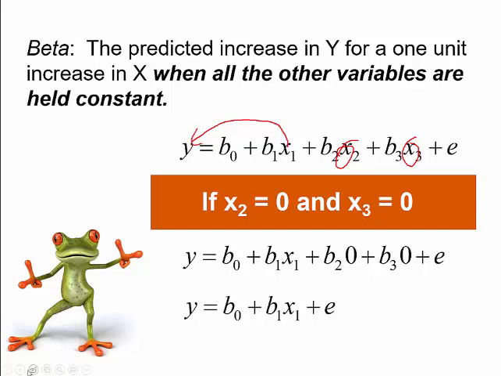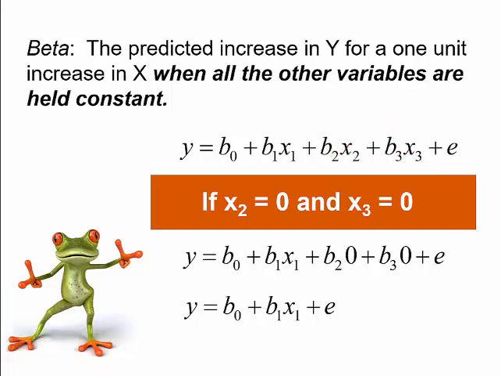And note that if everyone had a score of 0 for X2, then this part of my equation would become slope 2 times 0, because everyone has a score of 0 for X2. And if everyone has a score of 0 for X3, this part of my equation becomes slope 3, beta 3 times 0, because everyone has, hypothetically, a score of 0 for X3.